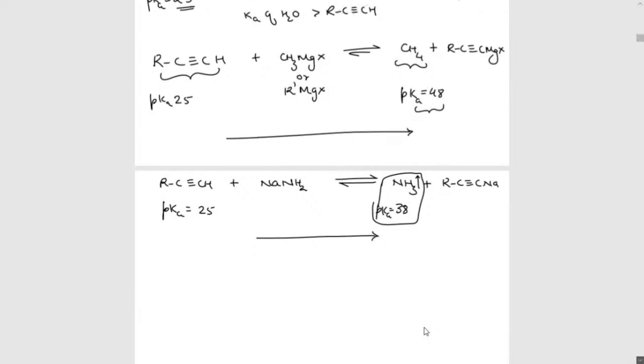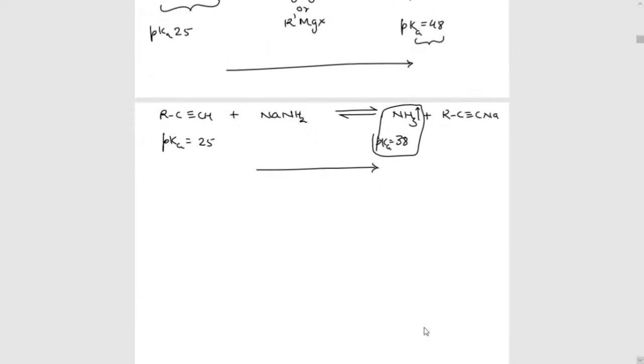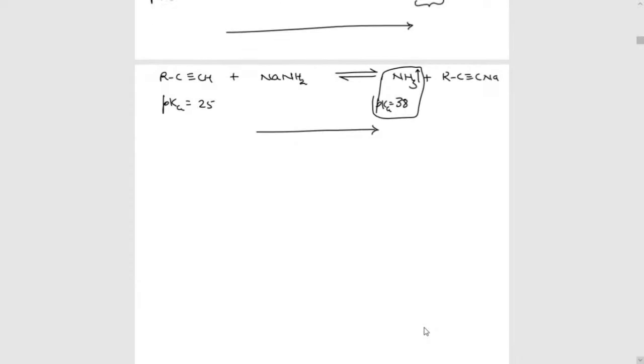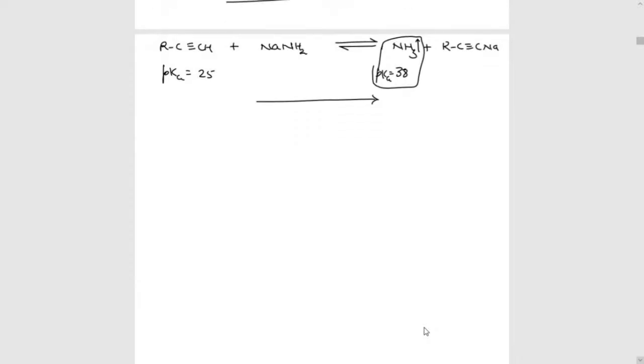Please think about that carefully before getting confused in this data that I'm giving. The data for ammonia to behave as an acid, when I say it behaves as an acid, it means I want it to release NH2 minus and H plus. For that equilibrium, the pK is 38.